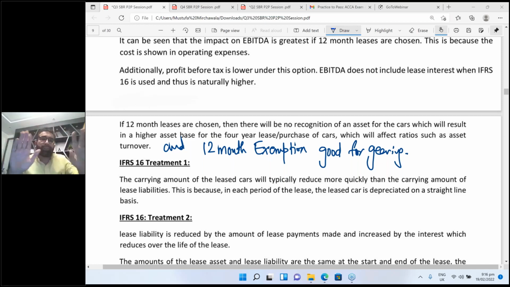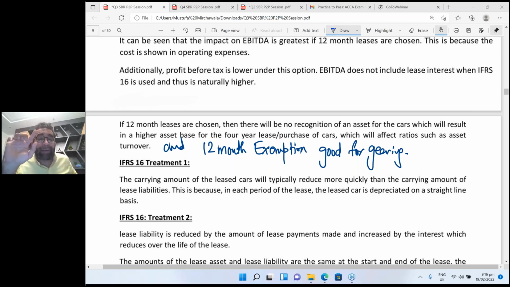Yes, I taught you this. In option number 1 and 2, you will have a higher amount of assets, because in option number 1 and 2 you were recognizing assets. So definitely it will impact your asset turnover adversely.